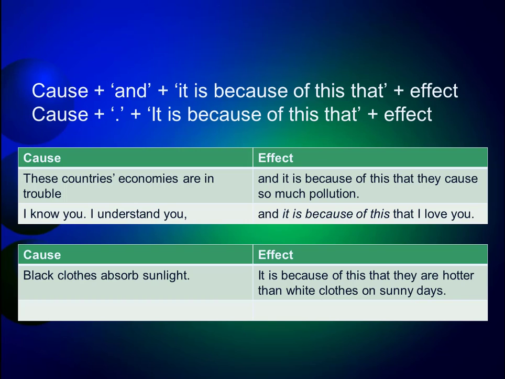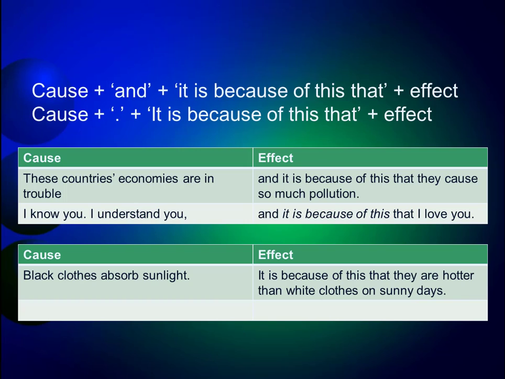This is what's causing this, and this is a clause. And the effect is, if you want to include it in one sentence, you have to use the word and, the conjunction, and it is because of this that they cause so much pollution.